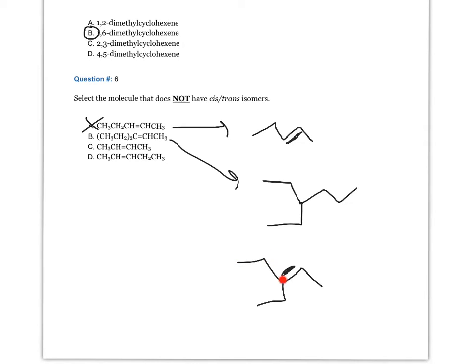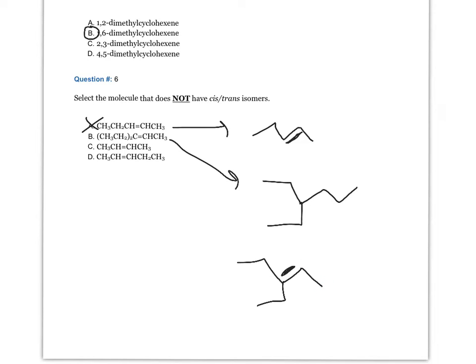So 1, 2, 3, 4, 5. 1, 2, 3, 4, 5. And then 1, 2, 3. That's got the other ethyl group on it. Okay, so 1, 2, 1, 2. That's that condensed formula. And then on the other side, we've got a methyl and a hydrogen.